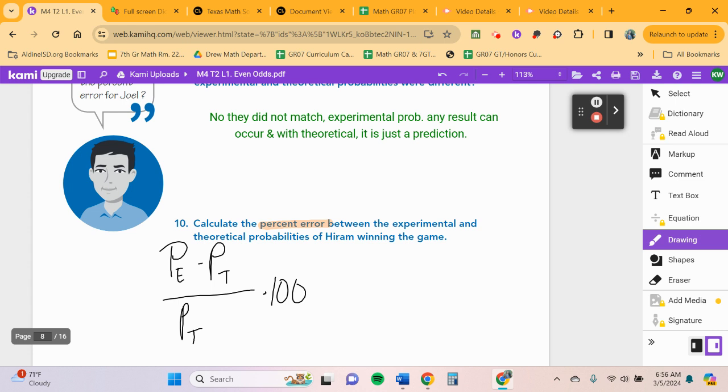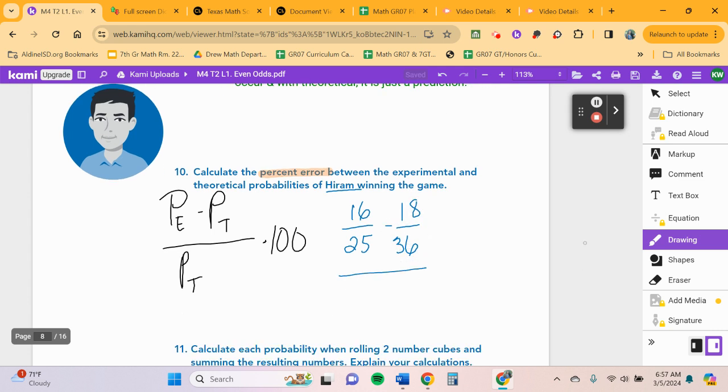The experimental probability for Haram winning the game was 16 out of 25 minus the theoretical, which we got was 18 out of 36, and all of that over the theoretical, 18 over 36, and then multiply all of this times 100.